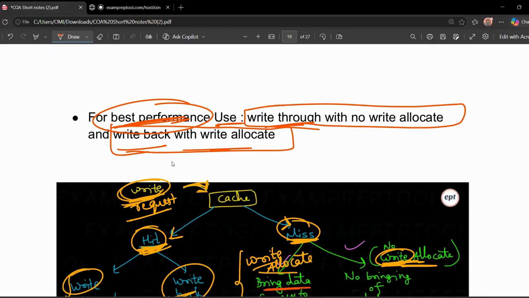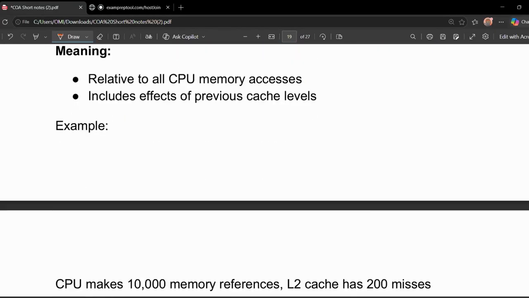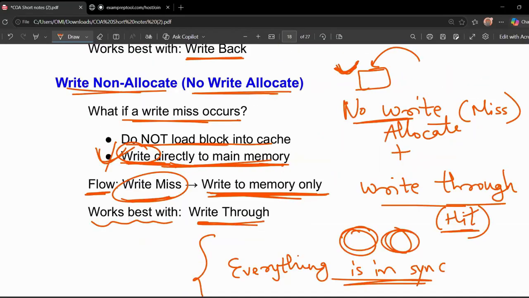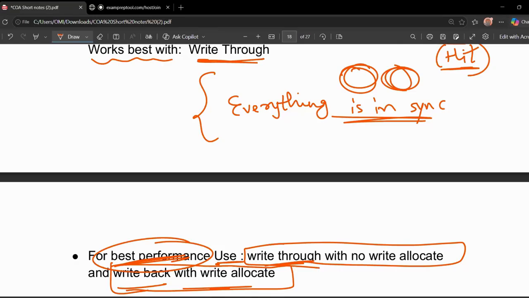Now the last topic remaining is local miss and global miss. But before that, if someone asks, sir, what happens in case of a read miss?